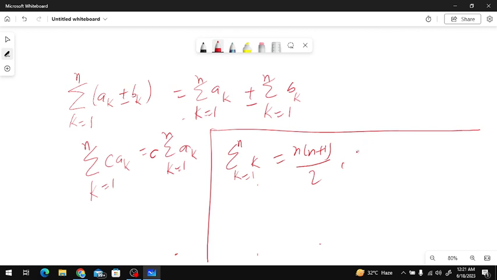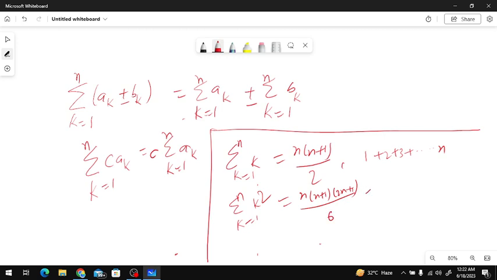It looks like 1 plus 2 plus 3 plus dot dot up to n terms. Similarly, sigma k equal to 1 until n of k square is n into n plus 1 into 2n plus 1, divided by 6.